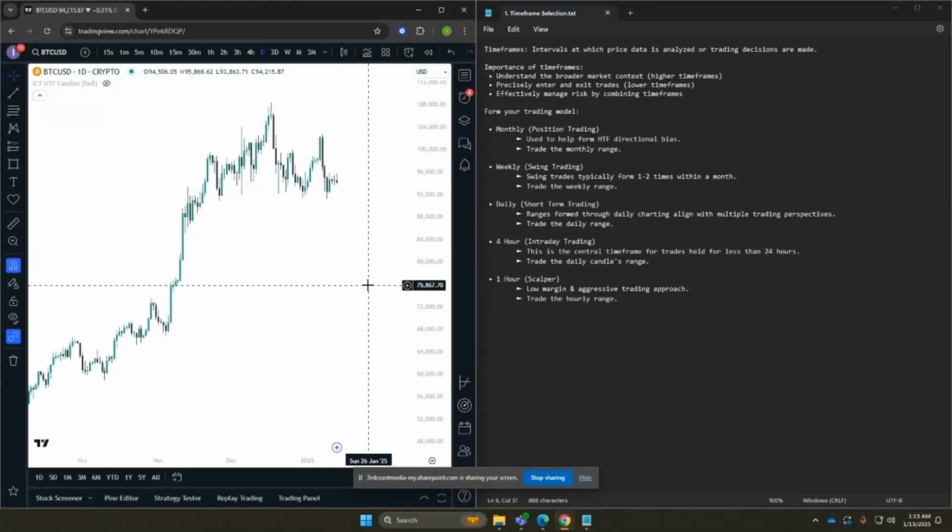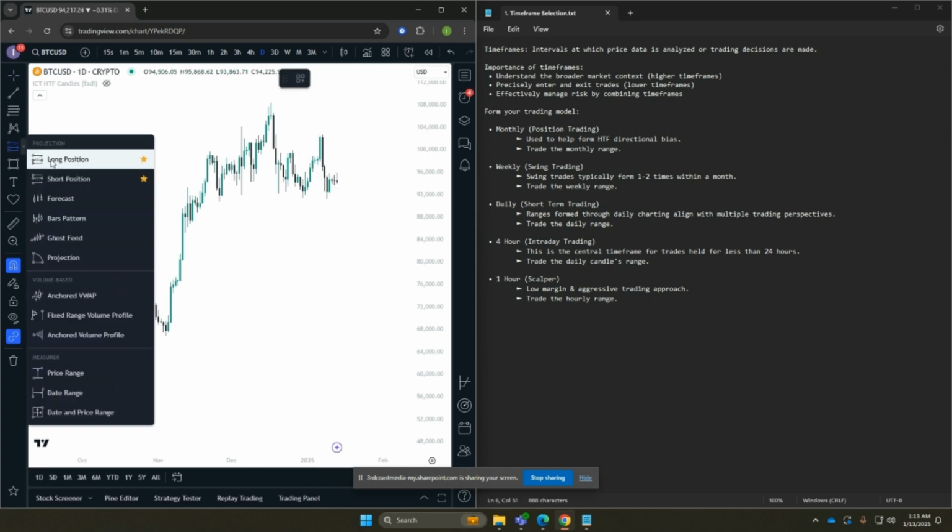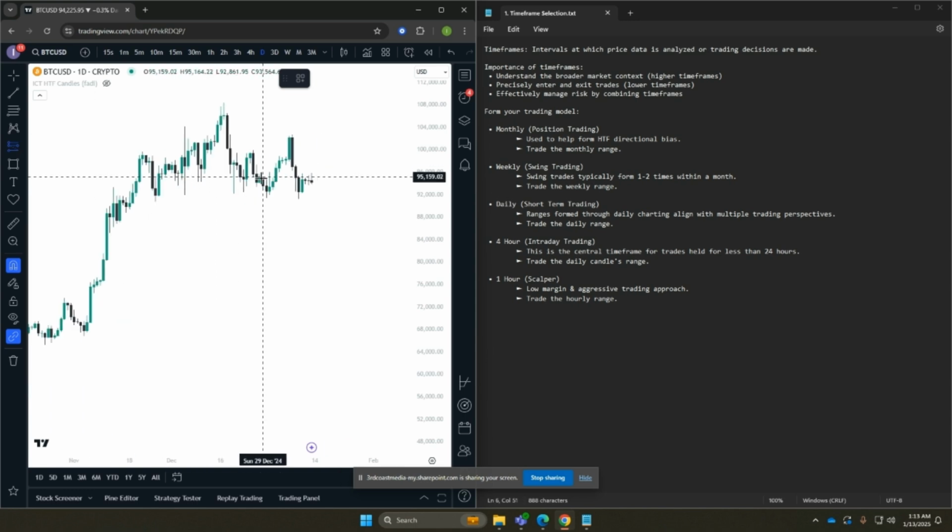I also want to mention, in regards to managing risk, when you look at how far apart the high is from the low, you want to consider when you actually enter.